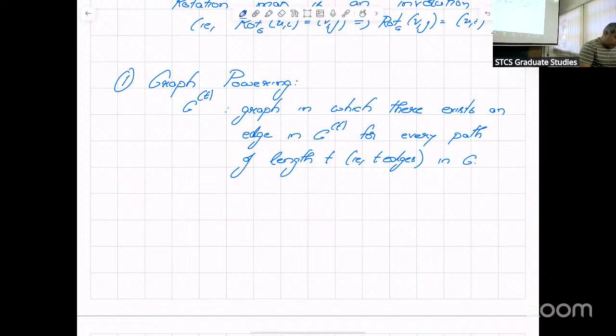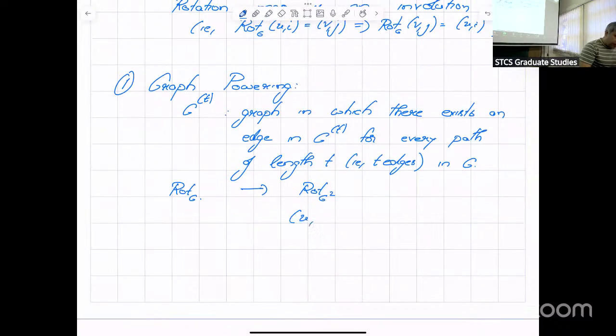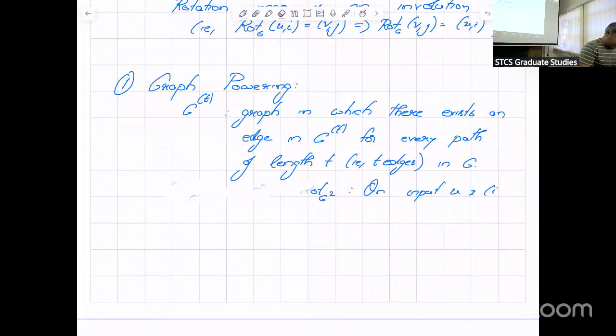So more precisely, if you give me rot G for this one, how will I get rot G squared? Let me be a little more precise about what I'm doing.